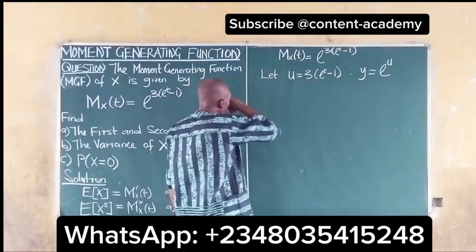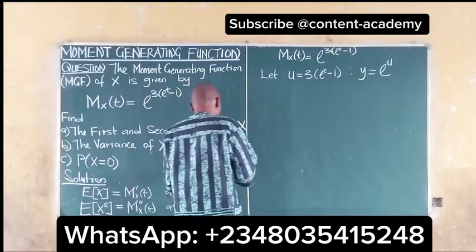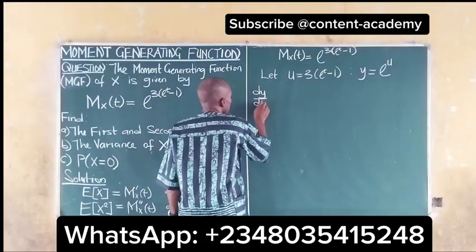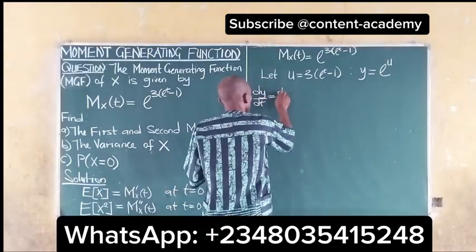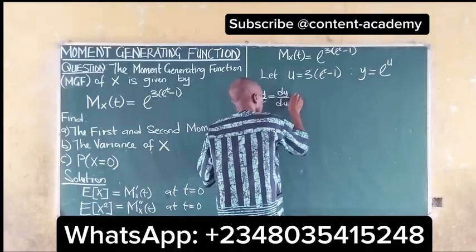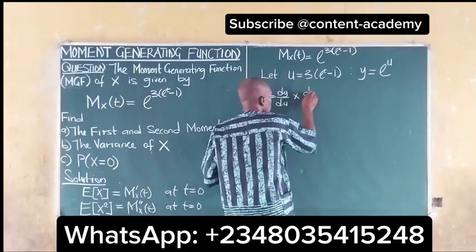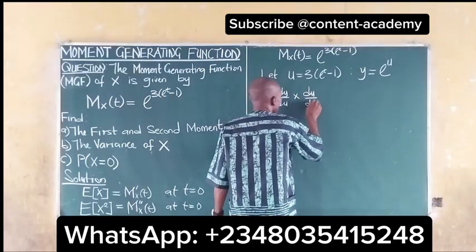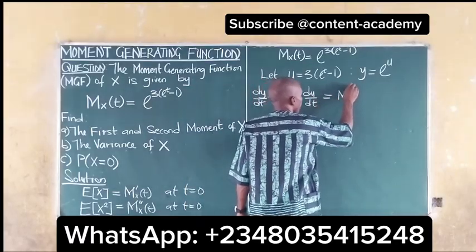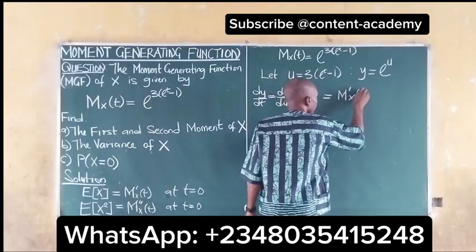So from that function of a function, we can write dy/dt is equal to dy/du multiplied by du/dt. This becomes our first moment.